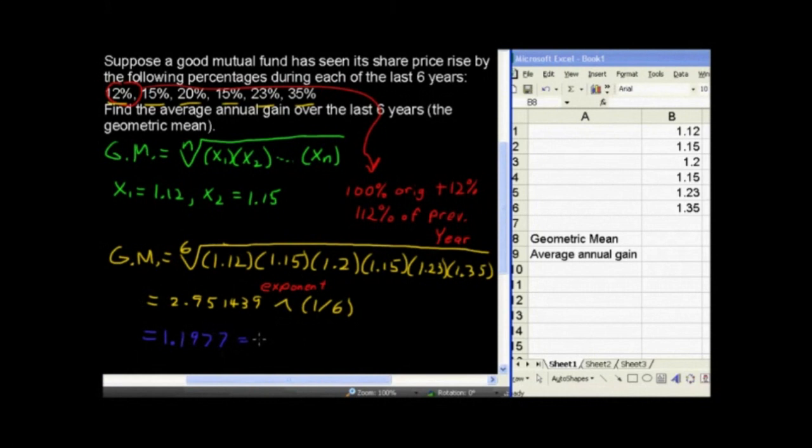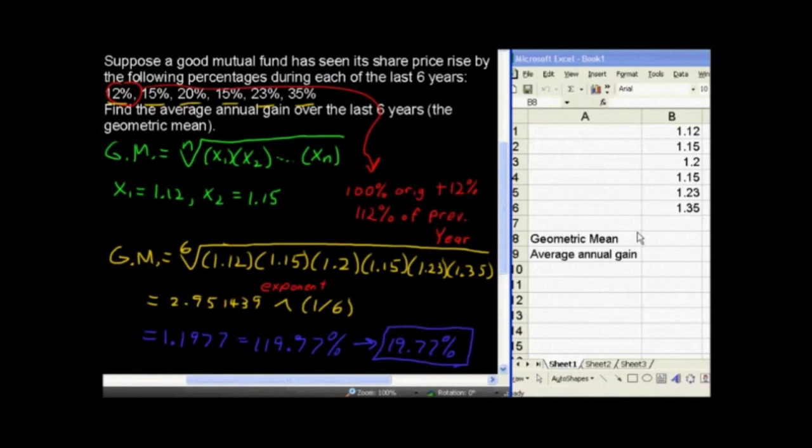So that equals 119.77% of the original. So that would mean a 19.77% increase, average annual increase.